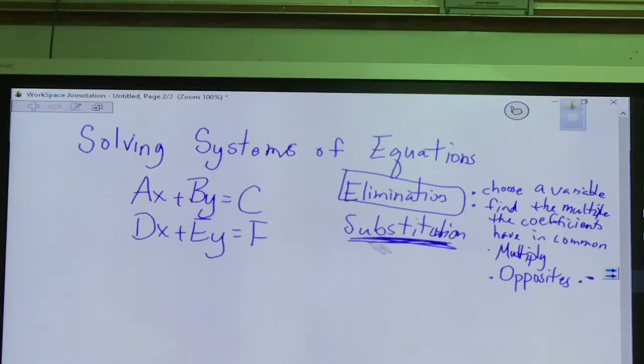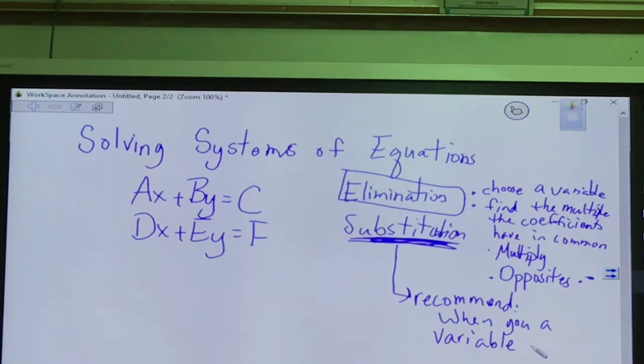For substitution, I only recommend substitution when you have a variable that's alone. What I mean by that is if you have a variable with a coefficient of 1.